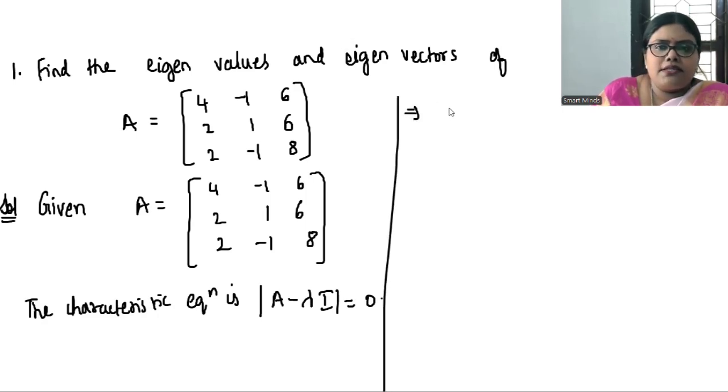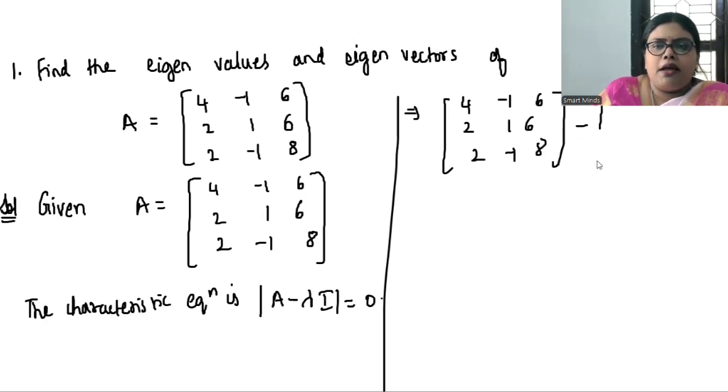So what is A minus lambda I? First let us write A matrix: [4 -1 6; 2 1 6; 2 -1 8] minus lambda times I, [lambda 0 0; 0 lambda 0; 0 0 lambda], is equal to 0.